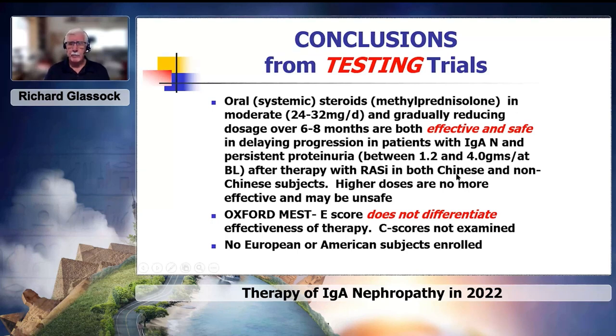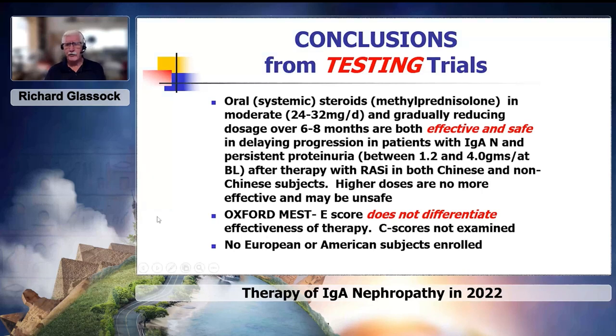And this occurred in both Chinese and non-Chinese subjects, and higher doses are no more effective and probably are unsafe. In data I didn't have time to show, the Oxford MEST E-score did not differentiate the effectiveness of therapy, and C-scores were not examined. But it is important to know that there were no European or American subjects enrolled in either of the testing trials.